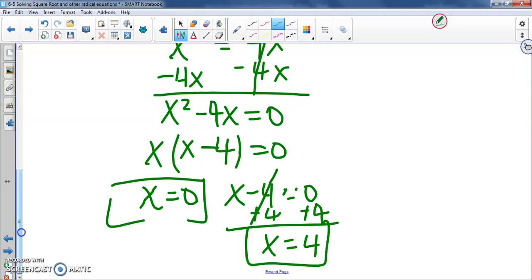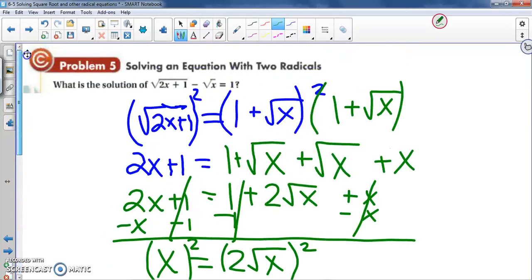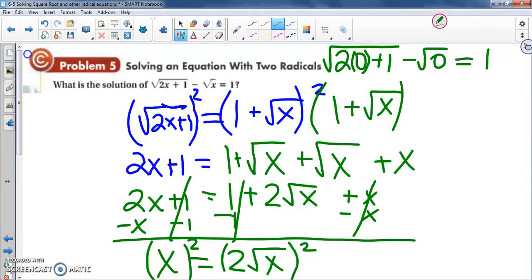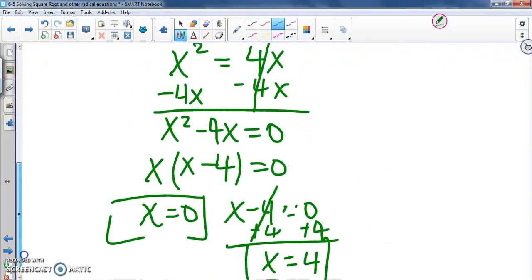I need to check both solutions. So the square root of 2 times 0 plus 1, minus the square root of 0 equals 1. So this is the square root of 1, which is 1, minus 0 equals 1. Yes. Now we have to check 4.